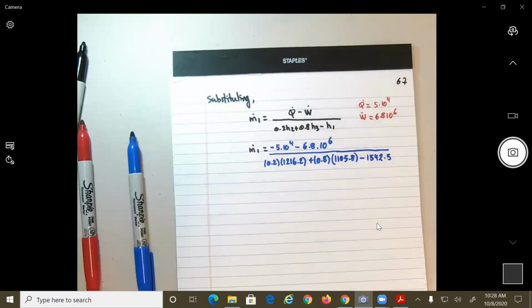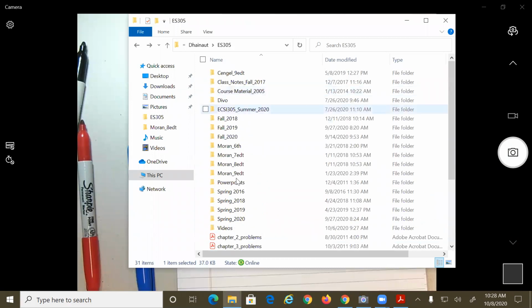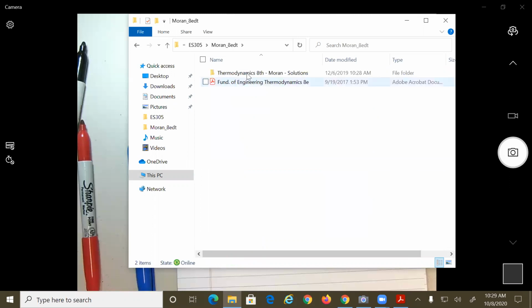Okay, so if you want to do the calculation, otherwise I'm going to do my little cheating here. Why is this so slow? But do the calculation, see what you get.